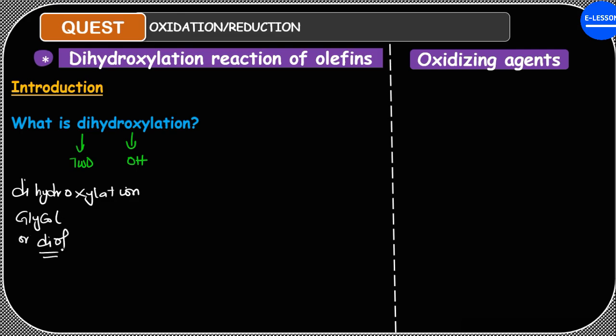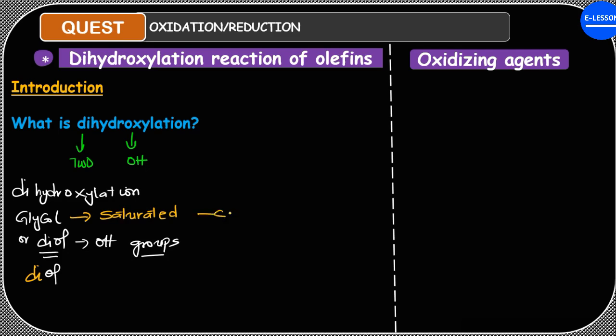Diol means a compound that has 2 OH groups, because the OH group is the functional group for alcohol. So diol means 2 of the OH group, right? Now the glycol is a saturated compound that has 2 OH groups on adjacent carbons.